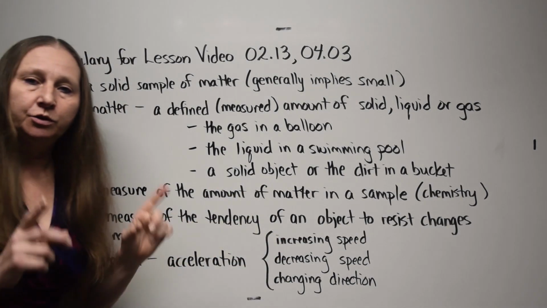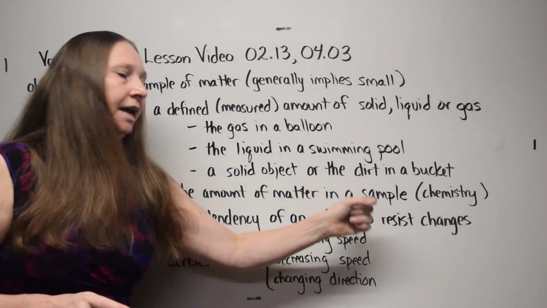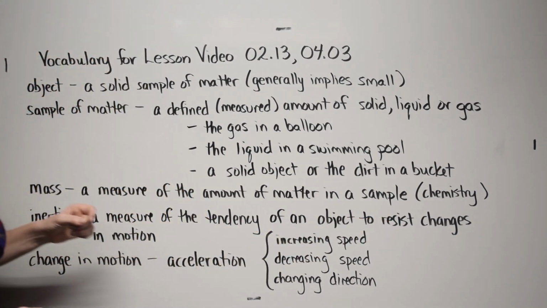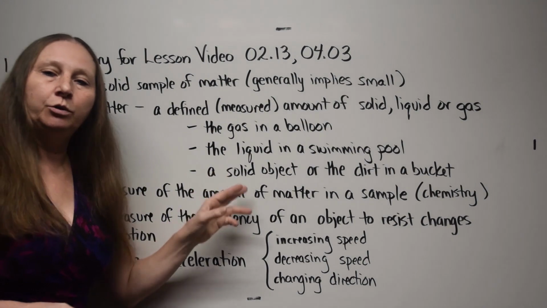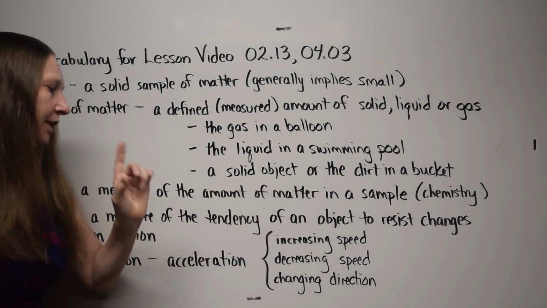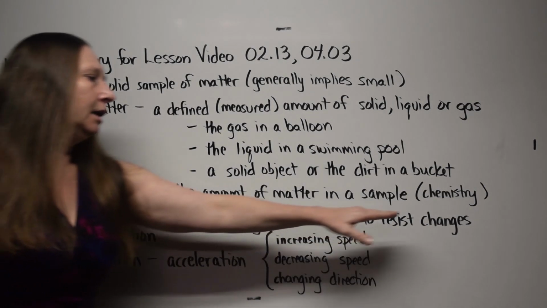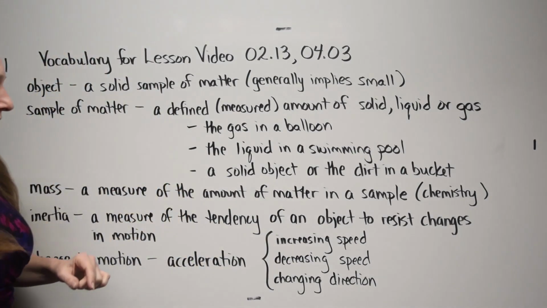So the chemistry definition, what we learned last year: a measure of the amount of matter in a sample. So the mass could be the measure of a gas, a liquid, or a solid. We'll talk briefly about a review of the chemistry definition, like 2 minutes, in just a couple of minutes.